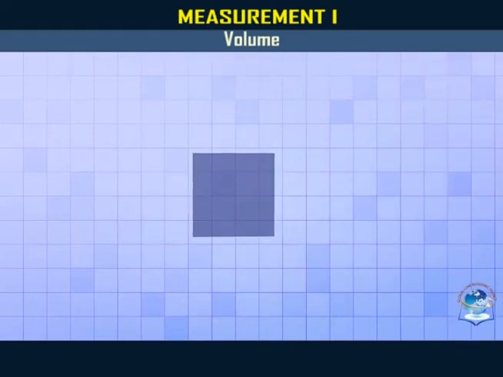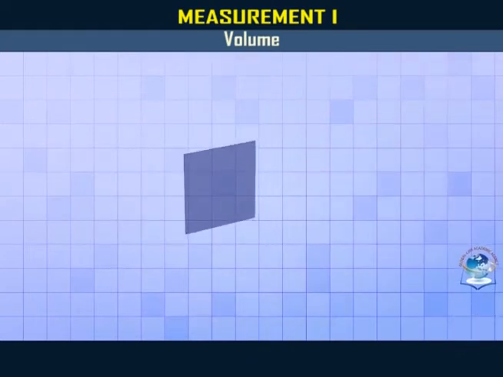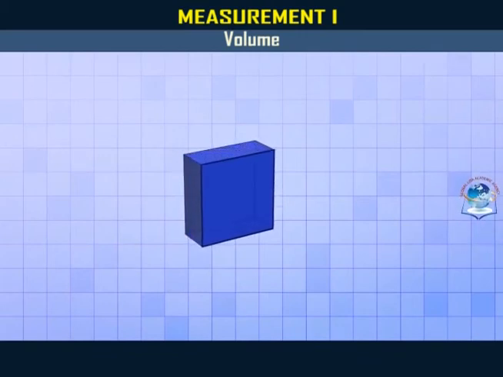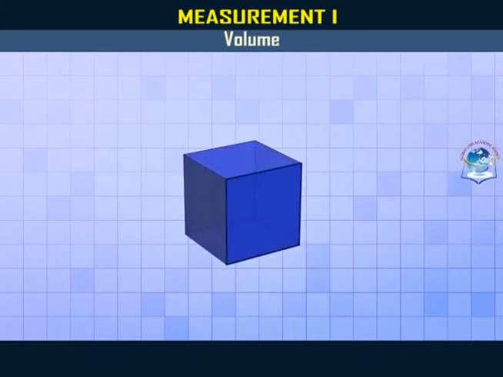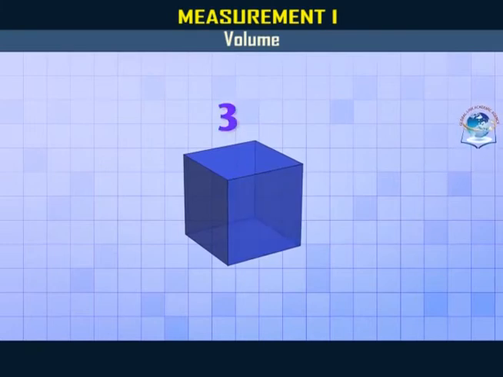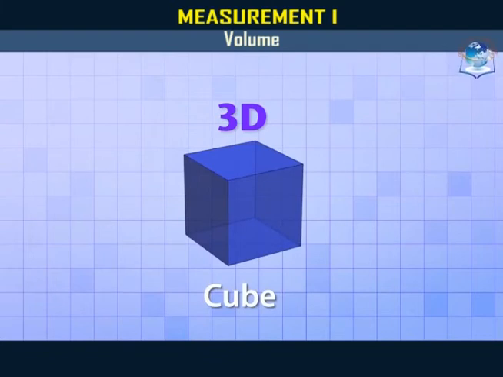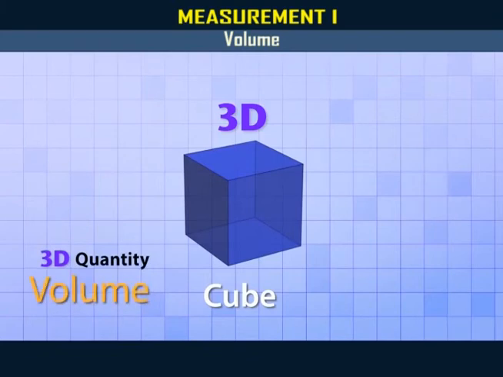Now, imagine that we take the two-dimensional square and move or extend it in a direction perpendicular to its surface by a distance of 1 centimeter. It forms a three-dimensional object that's called a cube. And to measure a three-dimensional object like this one, we use a three-dimensional quantity called volume.